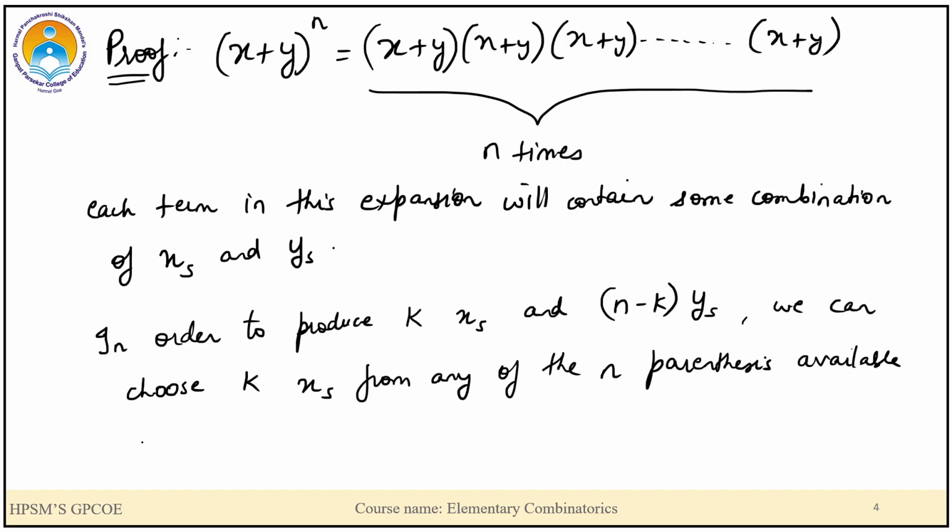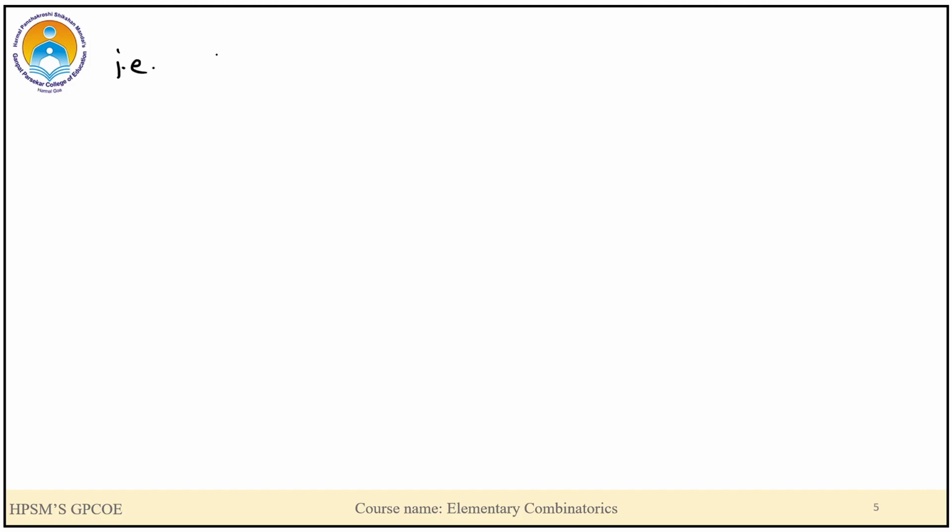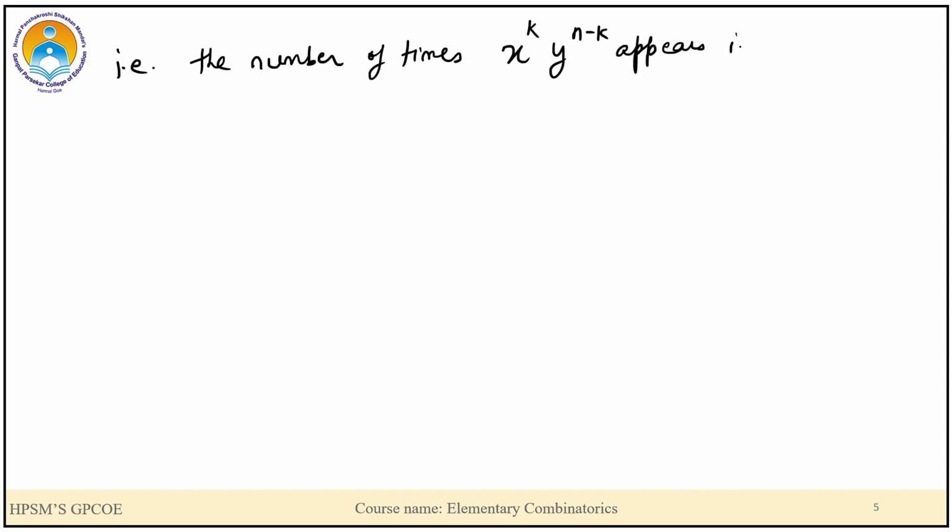And this can be done in nCk ways. That is, the number of times x raised to k, y raised to n minus k appears in the expansion is nCk.